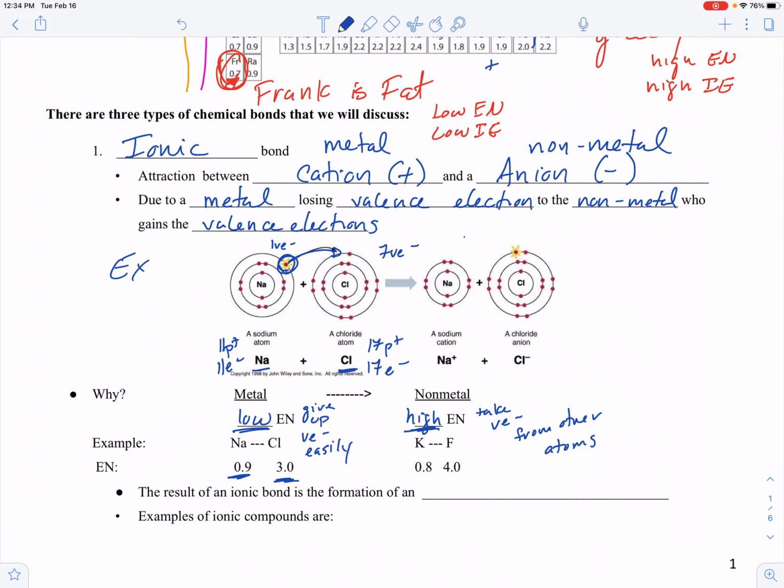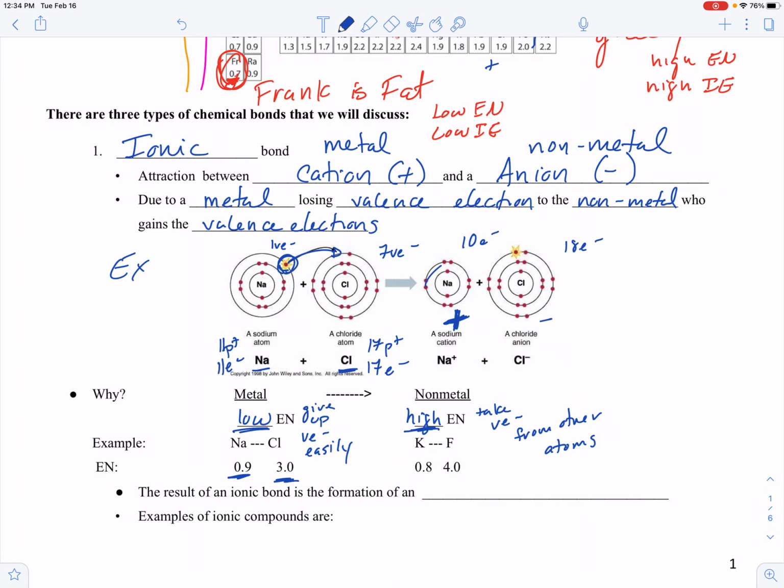That means that sodium now has 10 electrons total, but a full valence shell, right? So it's happier, it's more stable, whereas chlorine now has 18 total electrons, and it also has its full valence shell, so it's also more stable and happy. But when it does that, sodium ends up with a positive charge because it's given up an electron, right?